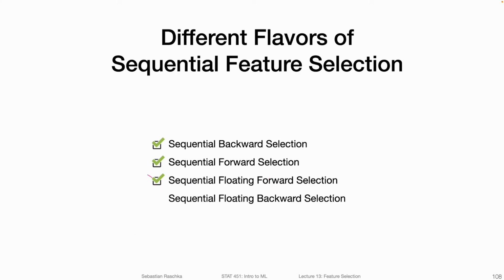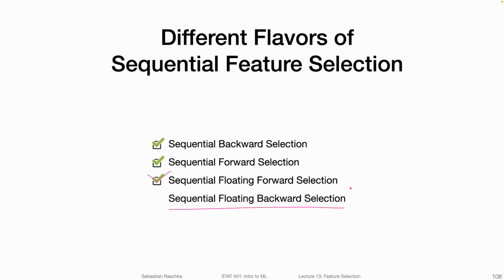All right, so now we have also covered sequential floating forward selection. There's one more method, sequential floating backward selection. However, lucky for you, I don't have slides about that because I felt it would become a little bit boring at this point, because this method is relatively similar to sequential backward selection, except that we have an optional step.